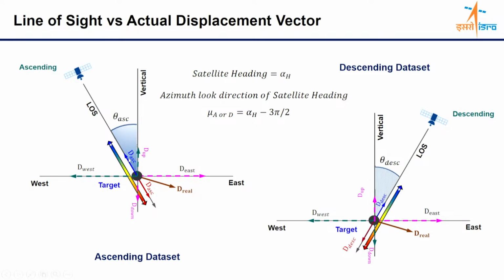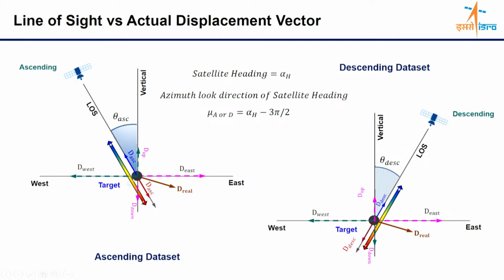By decomposing this, we can calculate the components of this motion vector along the upward direction or the horizontal direction, and from those components we can calculate the real vector. So we will try to establish the relationship between the line of sight motion, towards or away from the satellite, and the different components of the motion vectors.